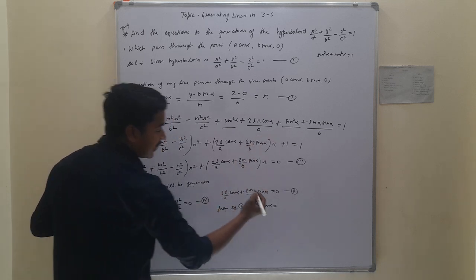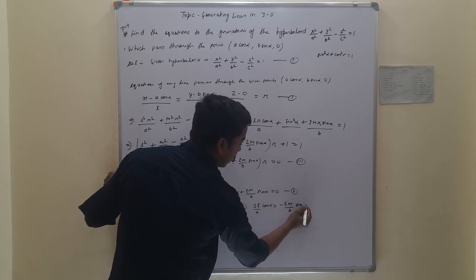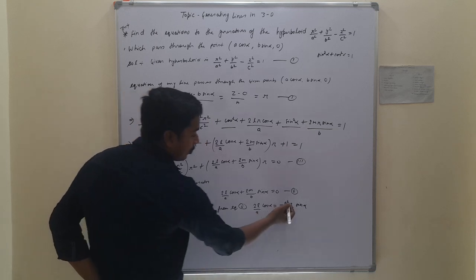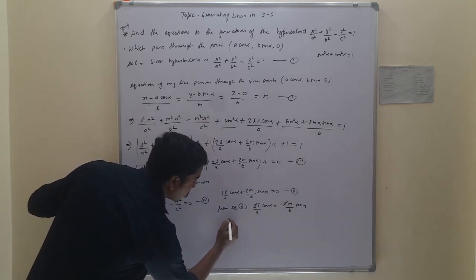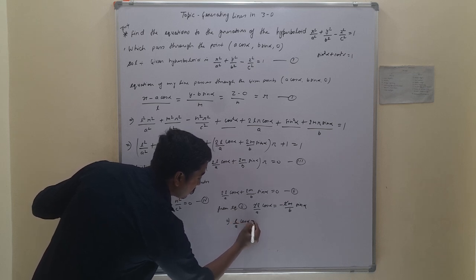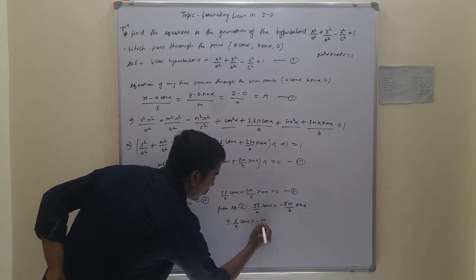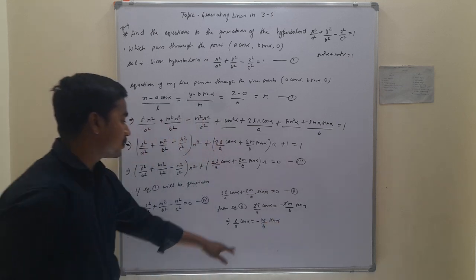Taking it to the right hand side, this gives minus of 2m upon b sin alpha, and from here 2 to 2 is cancelled out. Then the remaining is l by a cos alpha is equal to minus of m by b sin alpha.